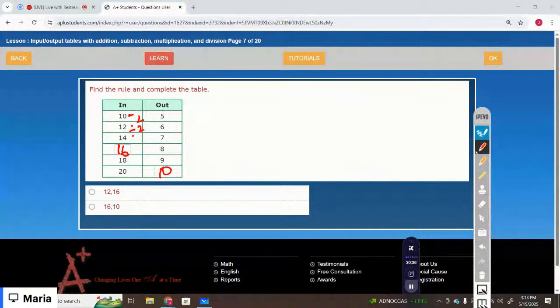So the missing values are 16 and 10. The correct option is 16 and 10.